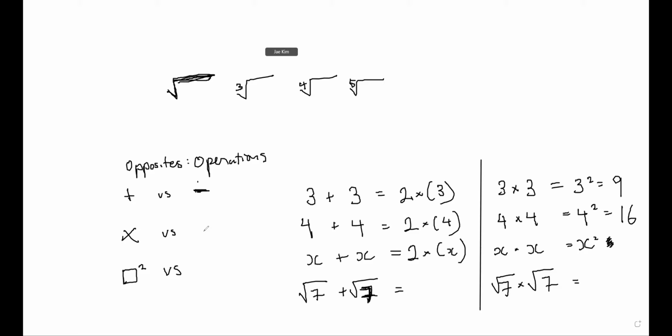The reverse of multiplication would be division. But when you have something to the power of 2, the reverse operation, to get rid of a square, you would have to do a square root. It would be the square root of 2.